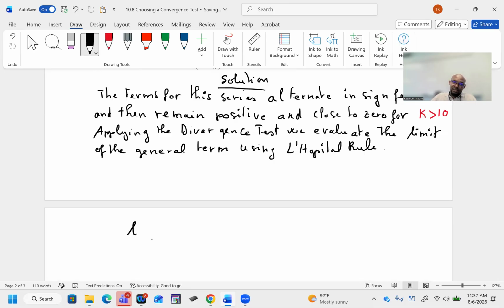The limit of 1 minus 10 divided by k to the power of k as k approaches infinity will be what? E to the power of negative 10, which is different from 0.